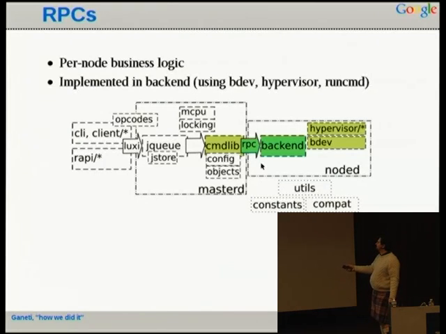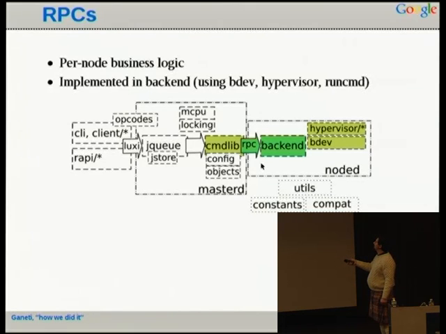Backend.py is a place where they are implemented. So again, the business logic of the RPC is implemented there. So when we have an RPC called verify files that will return you the checksums of all these files on the nodes, the implementation is in backend, and then the call is defined in RPC.